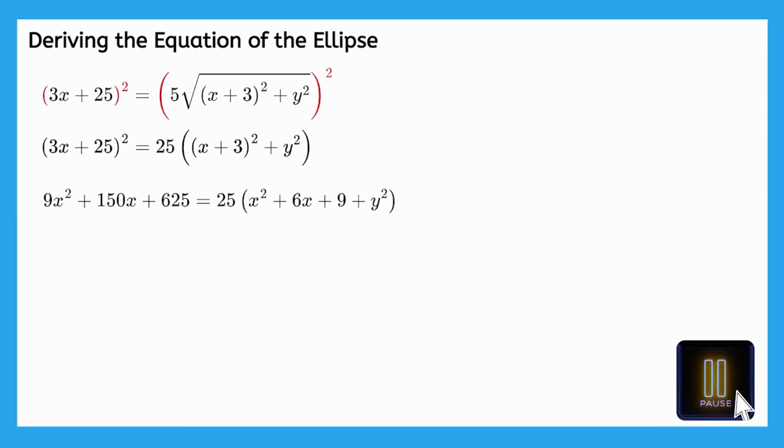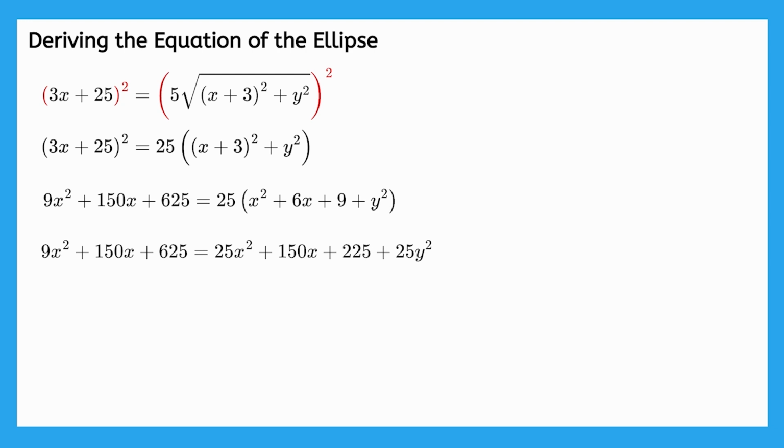We expand the squares, distribute the 25, and cancel the 150x we have on both sides. Next, we make sure all variables are only on the left side by subtracting 625, 25x squared, and 25y squared on both sides, which yields negative 16x squared minus 25y squared equals negative 400.